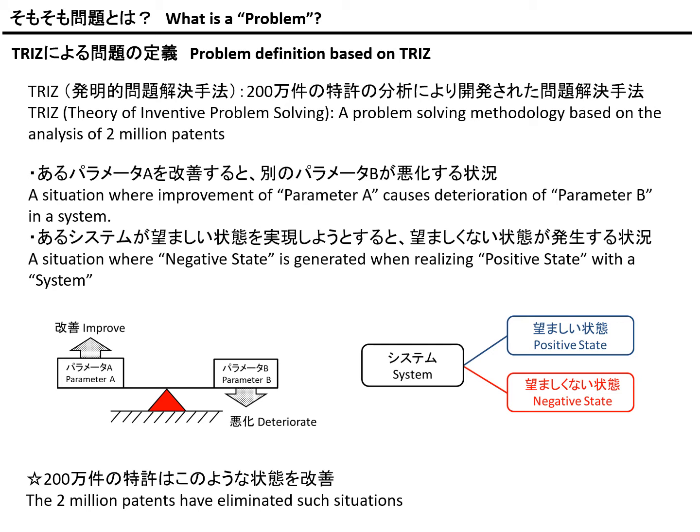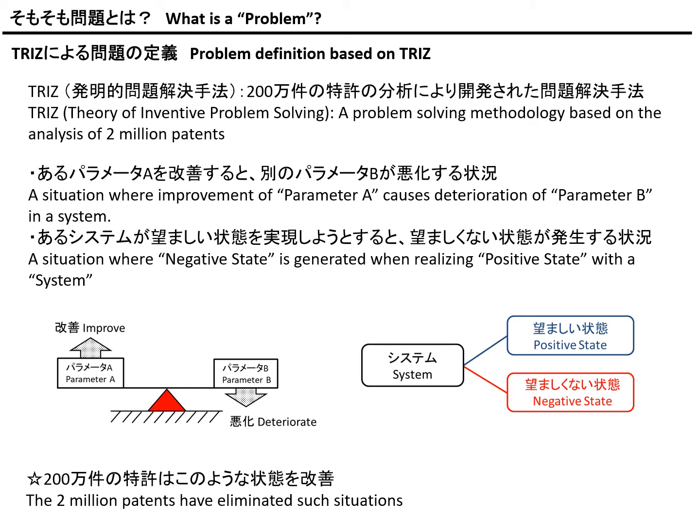But when you are thinking about your research activity, probably this way of thinking, this model of a problem, may be more suitable. A problem is a situation where a negative state is generated when realizing a positive state with a system. Now I just want you to notice that I'm using the word system.